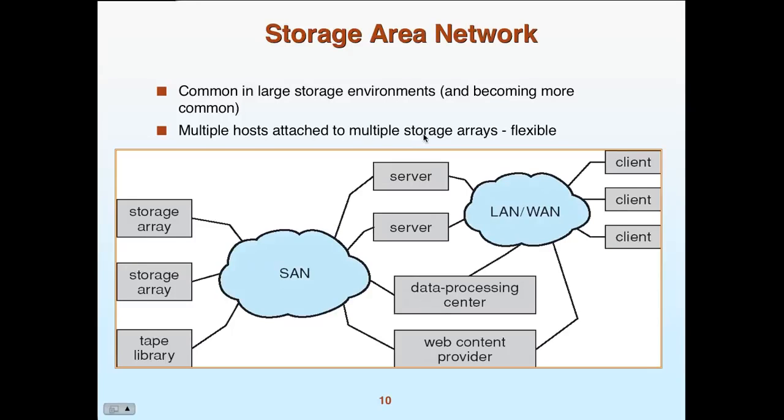Multiple hosts attached to multiple different storage arrays for flexibility. These are different storage arrays, tapes, CD-ROMs, hard drives, all types of storage that connect to create this SAN. Then we have data processing and web content providers that might use it through the LAN or WAN system, and clients that would access the WAN to get to the storage through the servers.